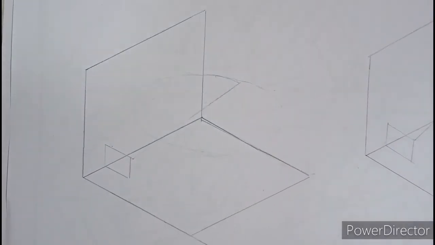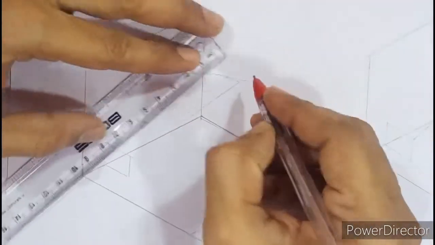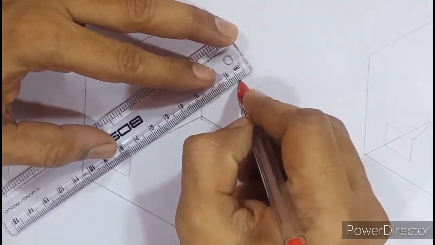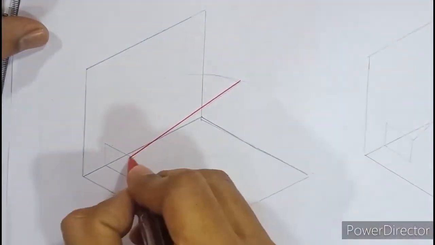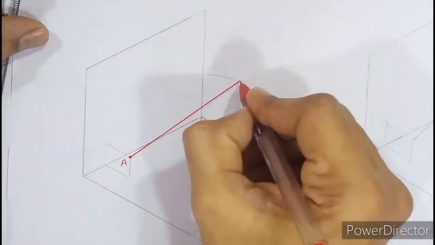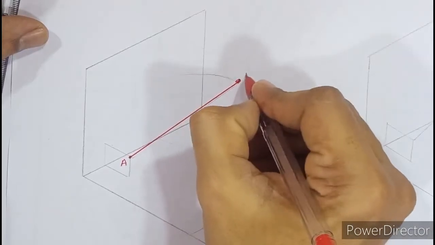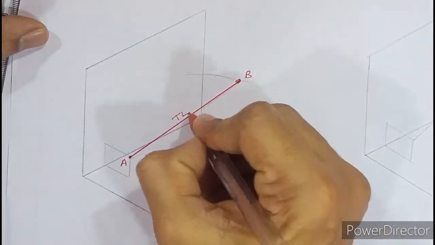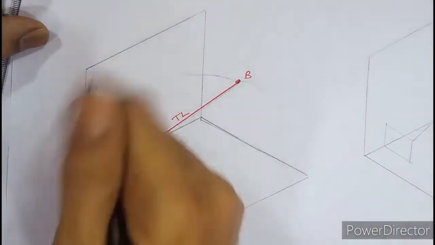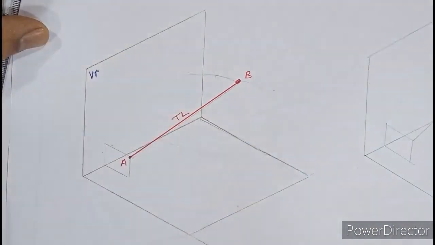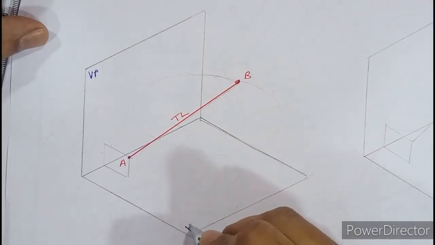So while learning these two concepts, one more thing has come forward which we have to understand. So here suppose this point is A and this point is B. This is the true length, and as you can see here, there are two planes, VP and HP.